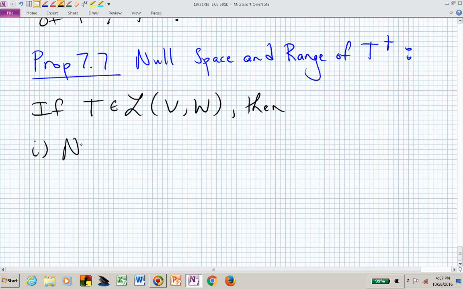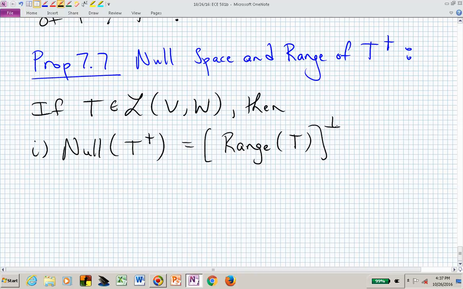The null space of this linear map T dagger is actually equal to the orthogonal complement of the range space of T. Let me write that out fully. So we take the range of the linear map T and we find its orthogonal complement, and that actually is equal to the null space of T dagger.